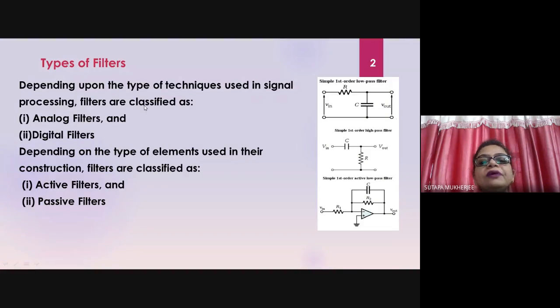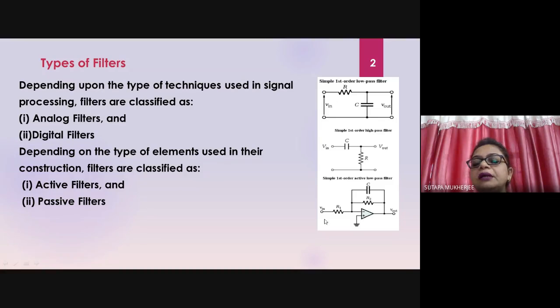Now, types of filters. Depending upon the techniques used in signal processing, filters are classified as analog filters and digital filters. Depending on the type of elements used in the construction, filters are classified as active filters and passive filters.